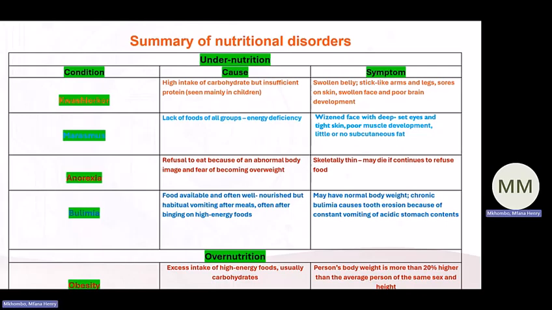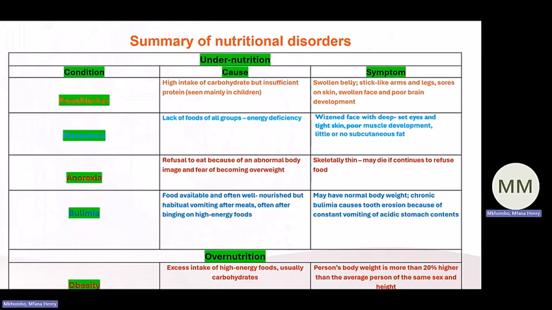The people appear skeletally thin and may die if they continue to refuse food. That's what we call anorexia nervosa. The cause is psychological, and therefore it may show symptoms similar to those of people who are in severe starvation.